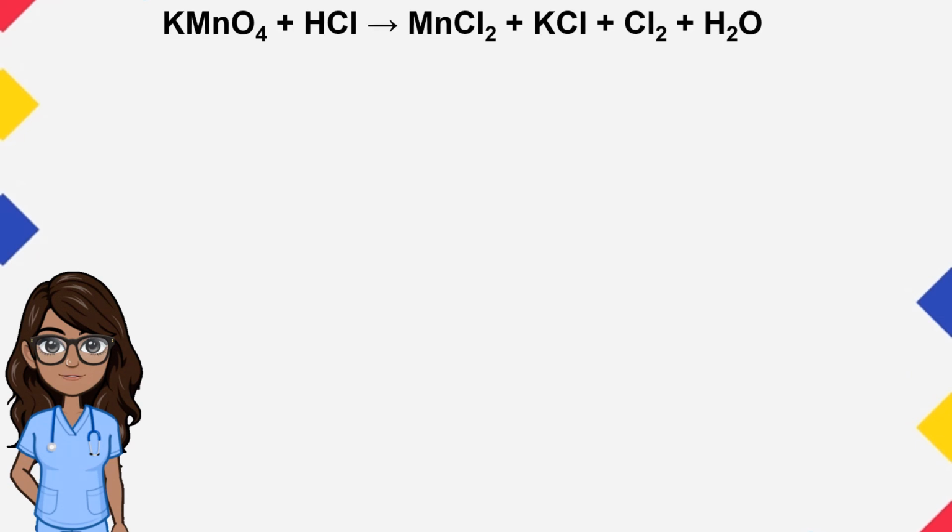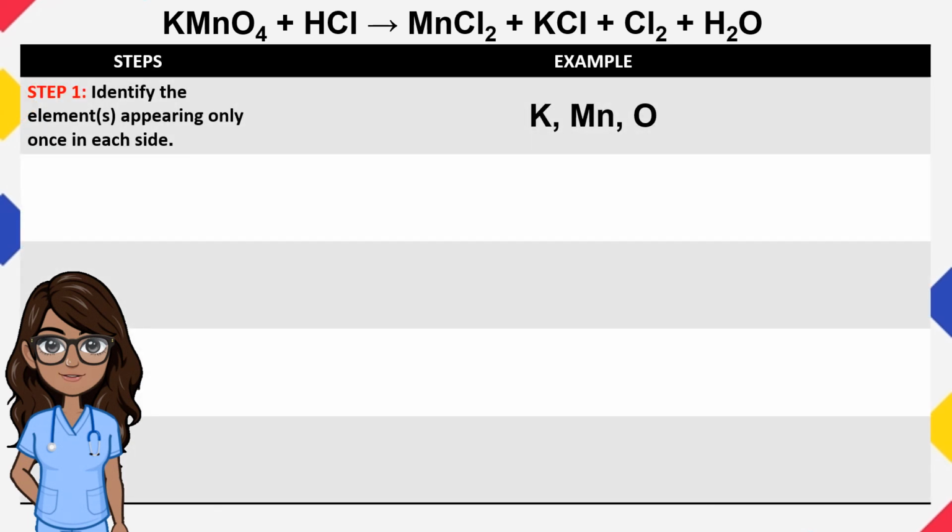We'll use the same equation as the previous example to show how this works. The first step is to identify the element or elements appearing only once in each side. So obviously, these elements are potassium, manganese, and oxygen that appear once in each side. This time, we'll start by noticing that oxygen appears only once on each side.